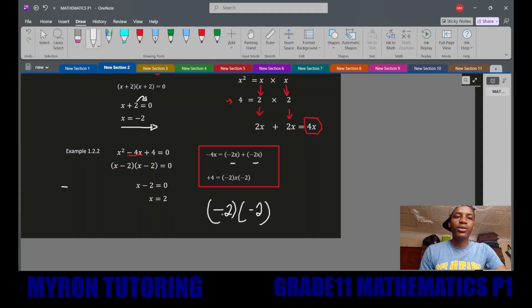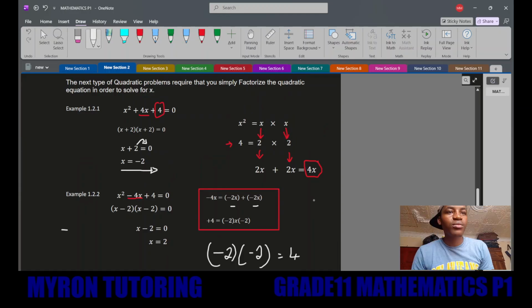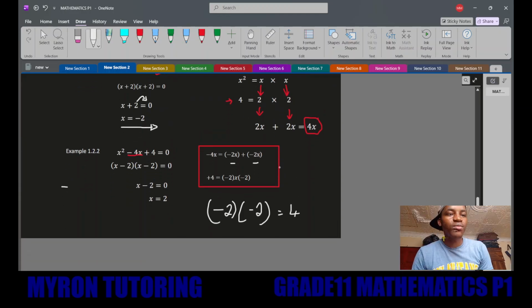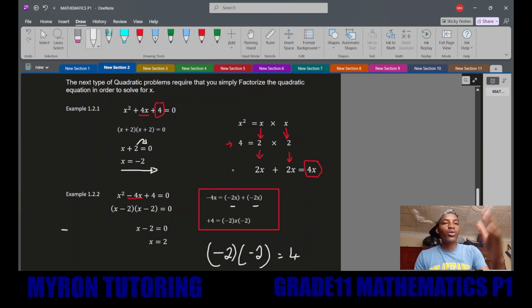When you multiply two -2's, you get 4. So that's all we needed to realize. Using the way that we did in the question above, we have positive, but instead of using positive 2's here, we were going to use -2's.